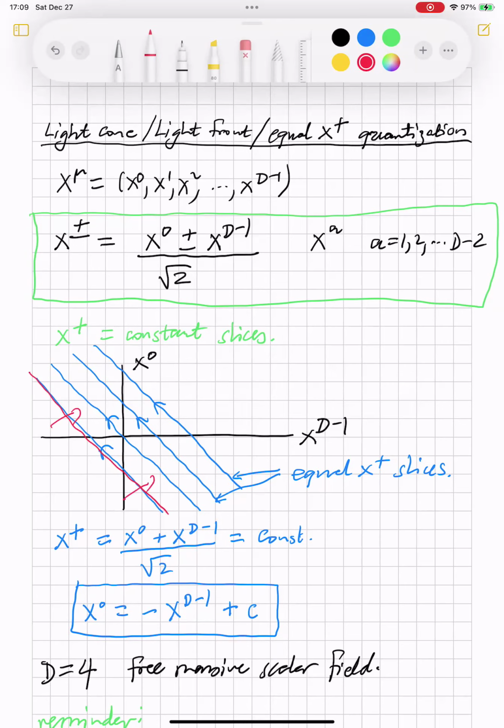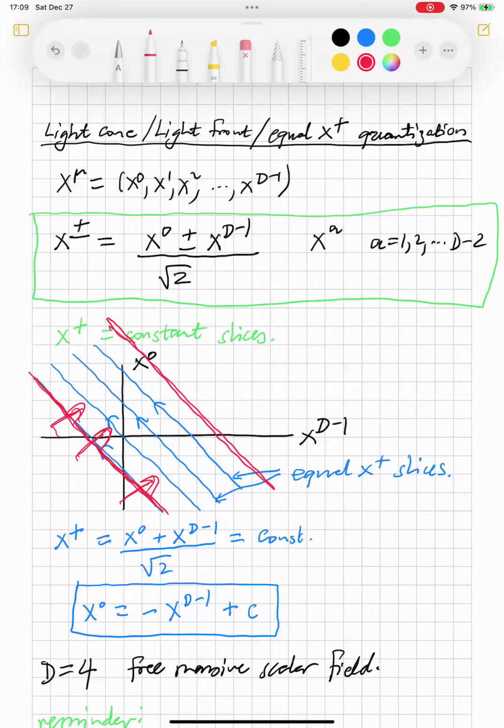So the blue arrows would be single photons moving towards the left. This red line over here could be the front of some wave, and it progresses in this direction. At some later time, the front of the wave would be sitting over here. It just moves parallel to itself at the speed of light.